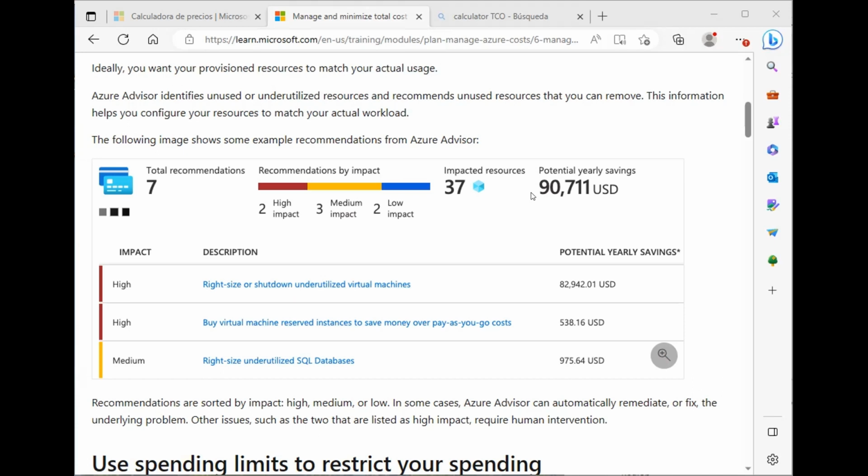This is approximately 538. And the medium: right-size underutilized SQL databases, approximately 1975. Recommendations are sorted by impact: high, medium, or low.